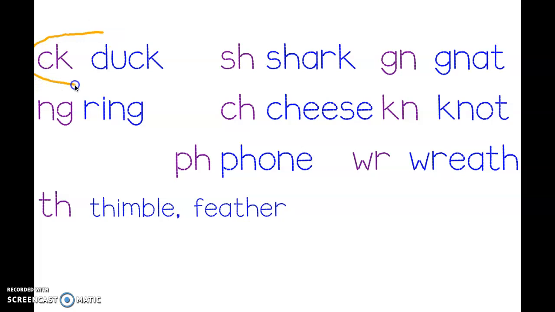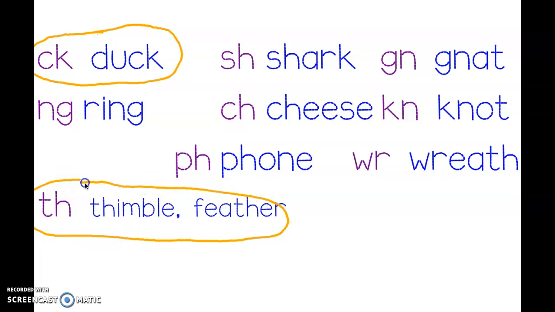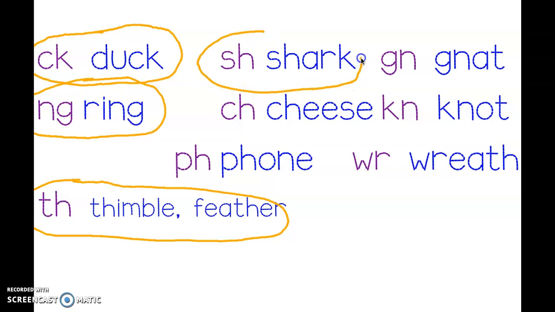CK is one of those. TH is also one of those. NG is one. SH will always make that sound. And CH.